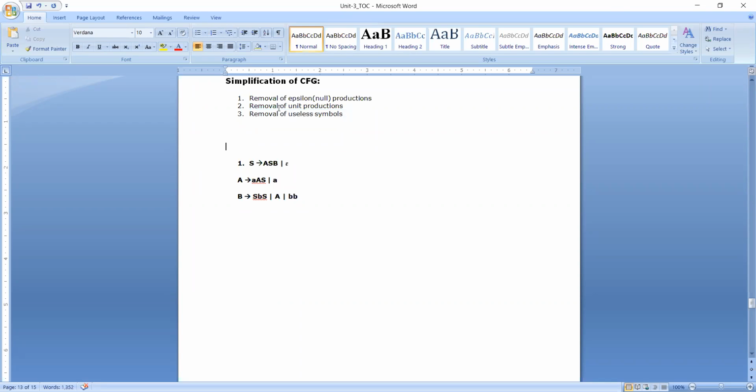Understand? Once we apply all these three steps on our given input grammar, then we can say that we got the simplified context-free grammar.